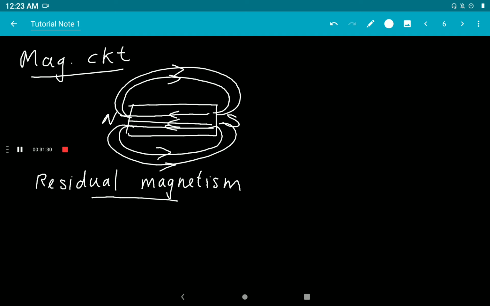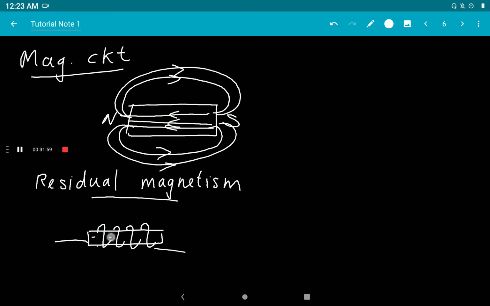What is residual magnetism? When a current is passed through a coil wound on a soft iron rod, the rod becomes magnetized.